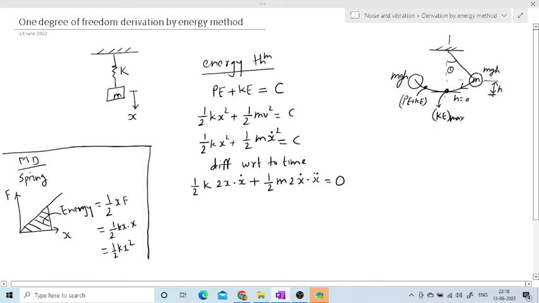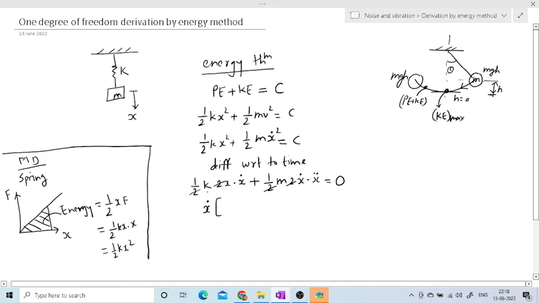Now take the values which are common. First we will cancel this 2 with this 2, this 2 with this 2. Now here we have x dot and x dot which is common, so I will take x dot as common.